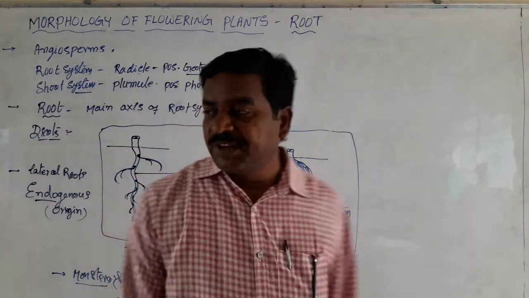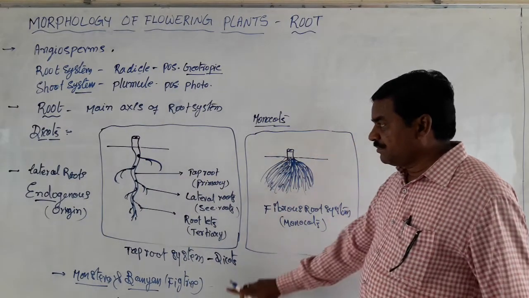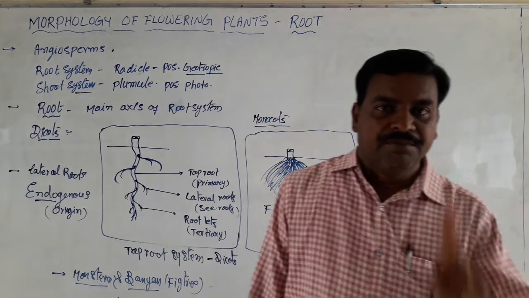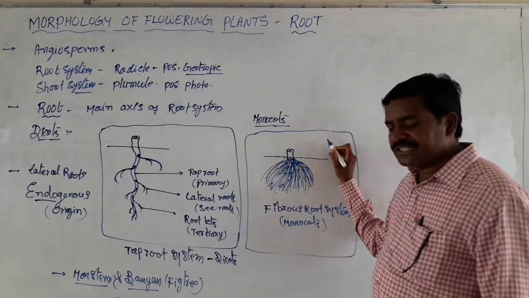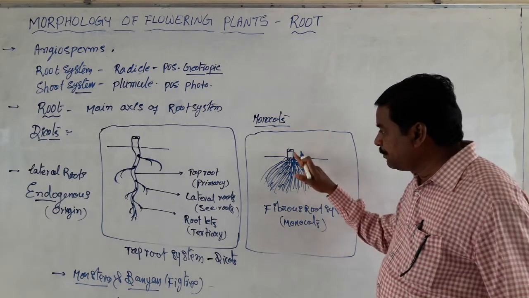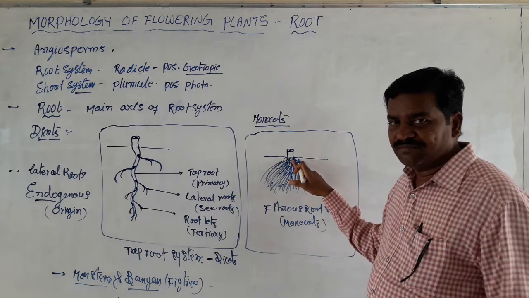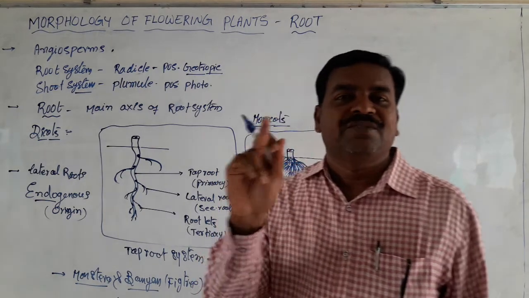But what is the difference between the fibrous root system and the adventitious root system? Both are not developed from the radicle, but the fibrous root system is always present only at the base of the stem, whereas adventitious roots may develop from any part of the plant body.